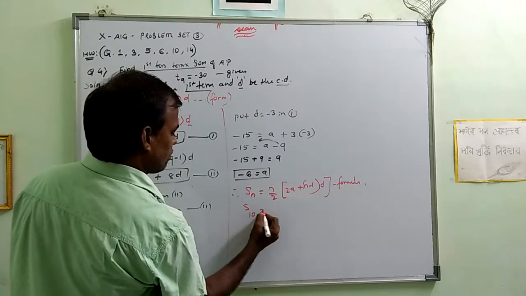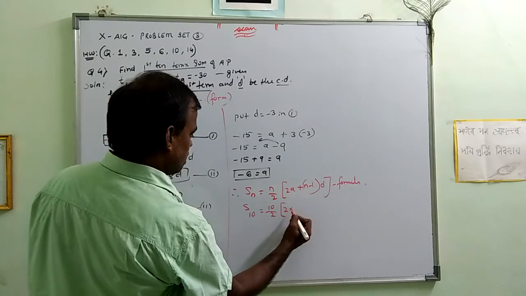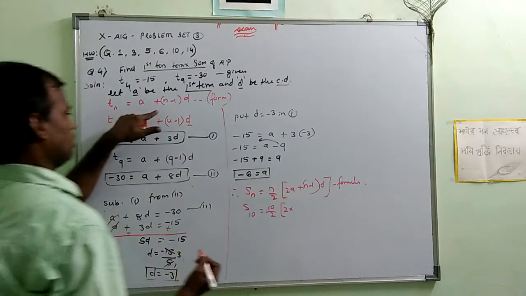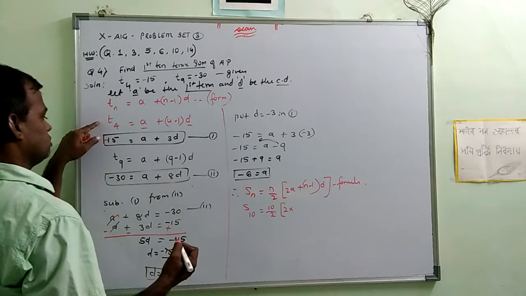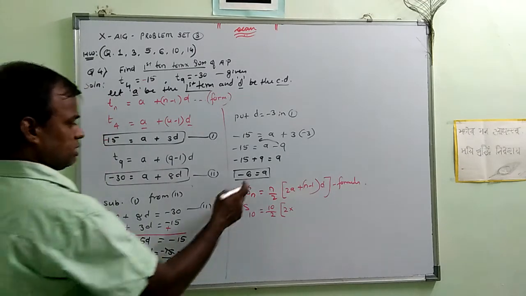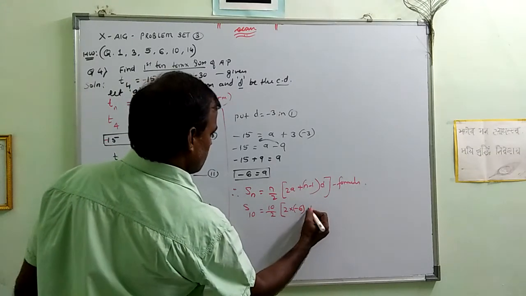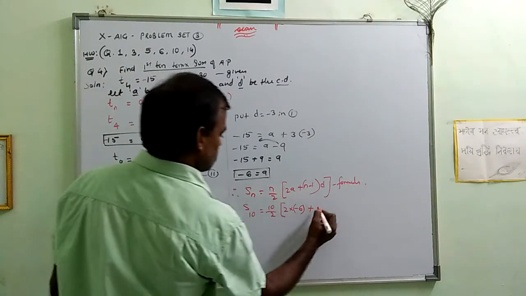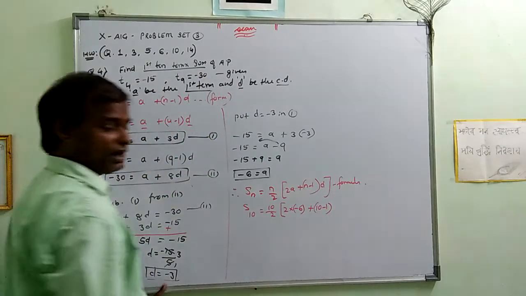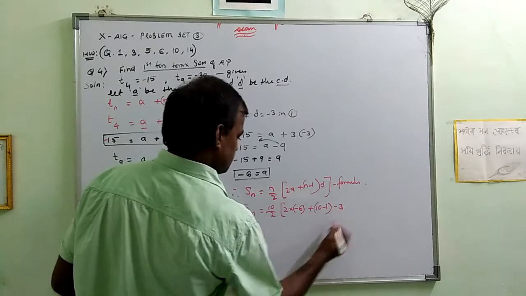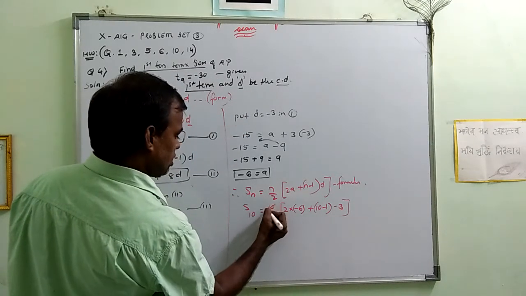So S of 10 equals to 10 upon 2. 2 into a is how much? We got a is minus 6 plus n minus 1, means 10 minus 1, into d. D how much you got? Minus 3 equals to, this can be cancelled.